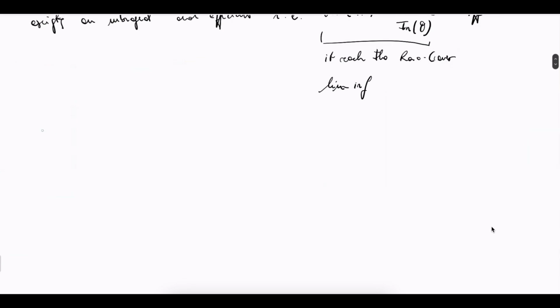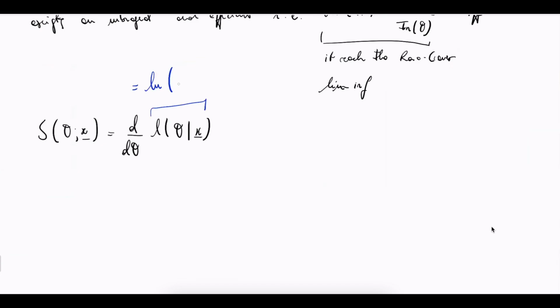So we're characterizing this score function, which is defined as the derivative with respect to the parameter of the log likelihood, so the log of the likelihood function.